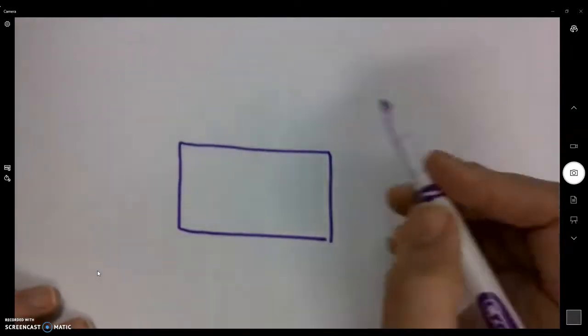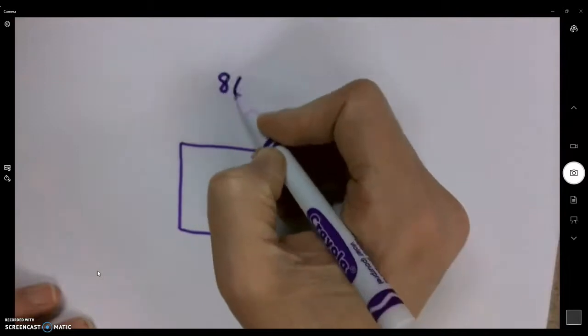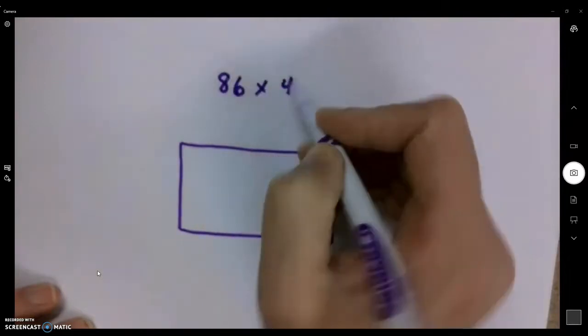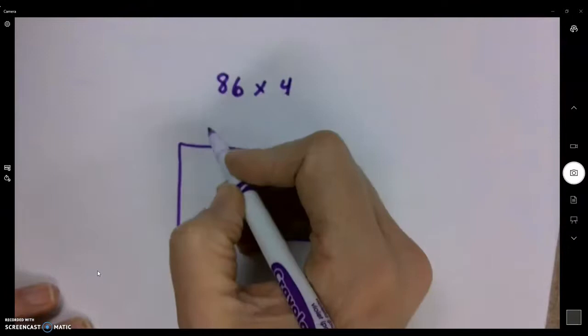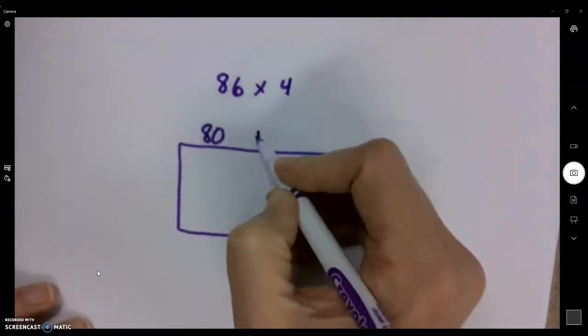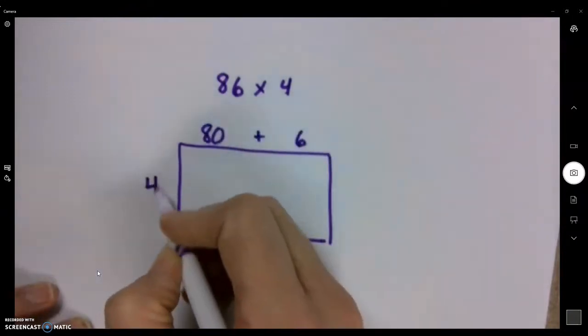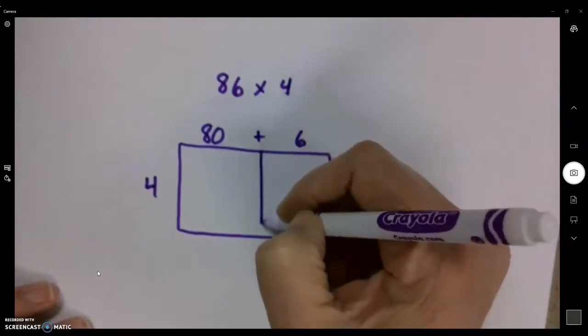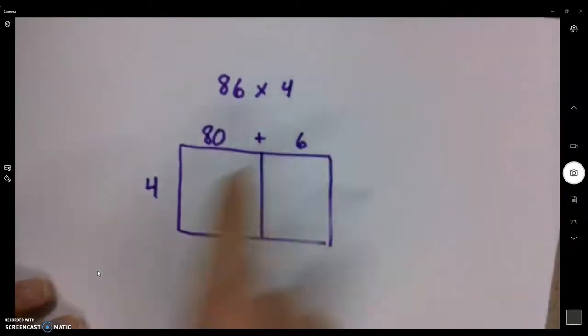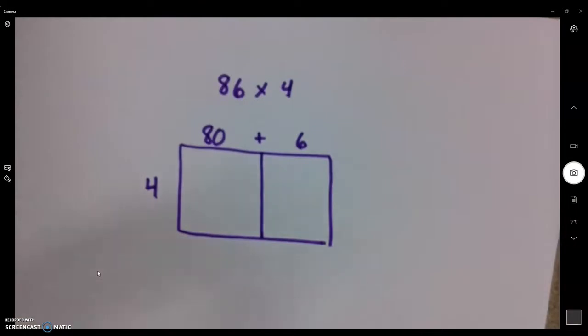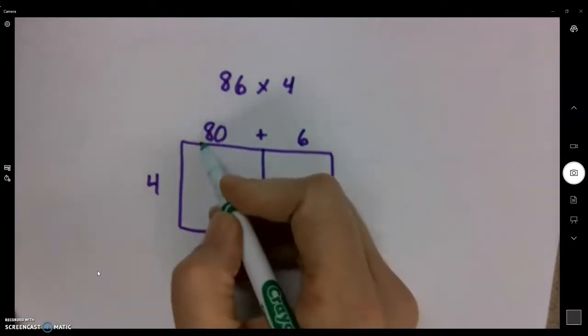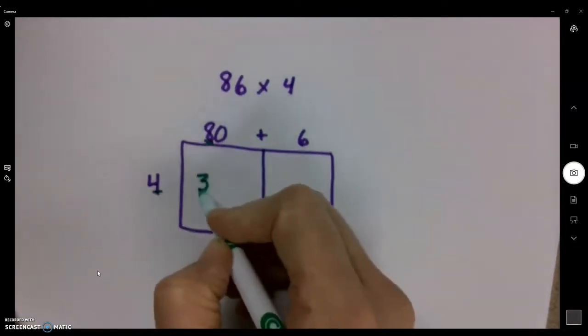So what I'm going to do is I'm going to still think of my 86 times 4. And I think of my 86 as 80 plus 6, and I'm multiplying it by 4. I'm going to divide that to separate my two numbers. And then I'm going to come in and say, well, 8 times 4 is 32.